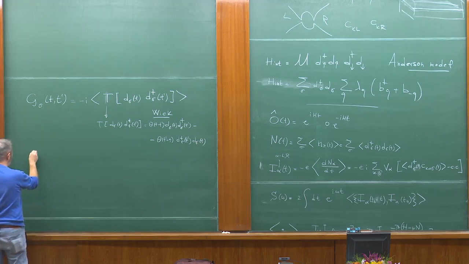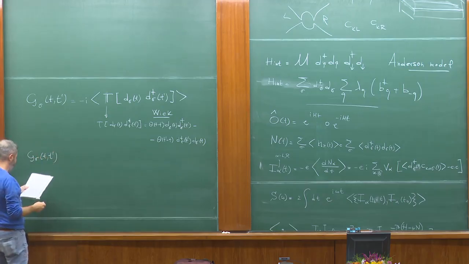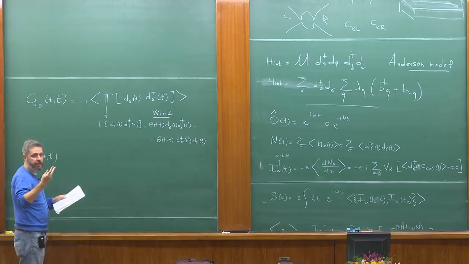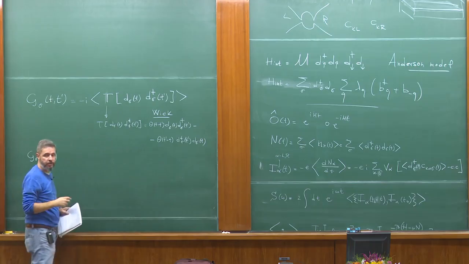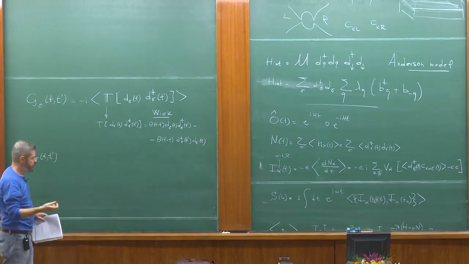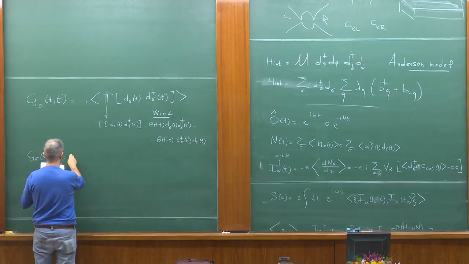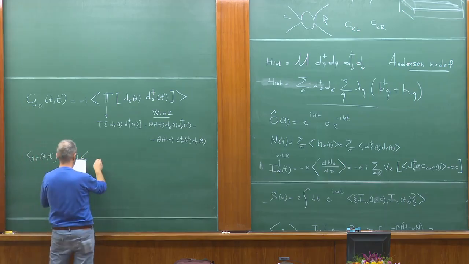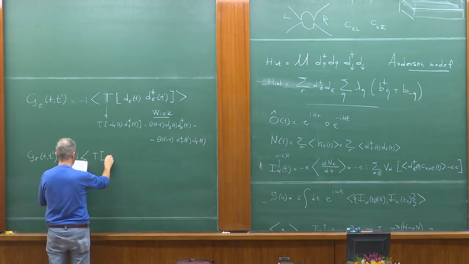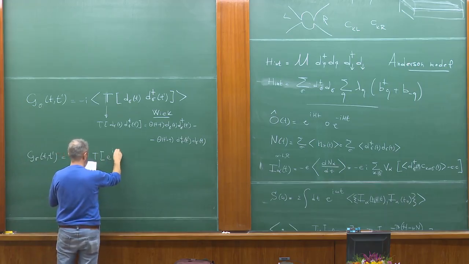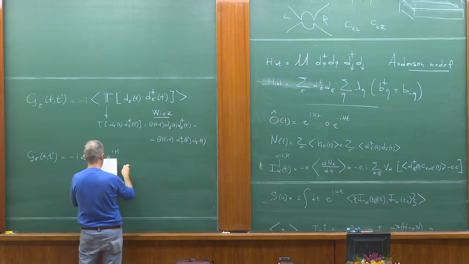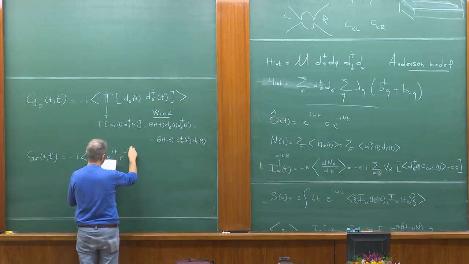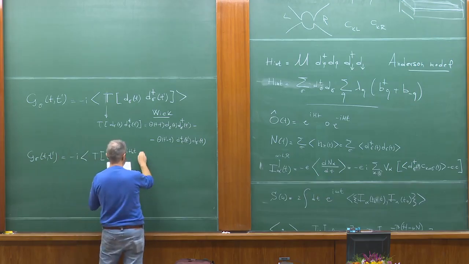Let me remind you what the steps are. You take this Green function, and the first thing you do is you go from the Heisenberg representation of the time evolution here to the interaction representation. So you write this as time ordering of e to the i, H, well, do I need to do this? Yeah, well, perhaps. I'll do it just for the first, otherwise it's a nightmare.